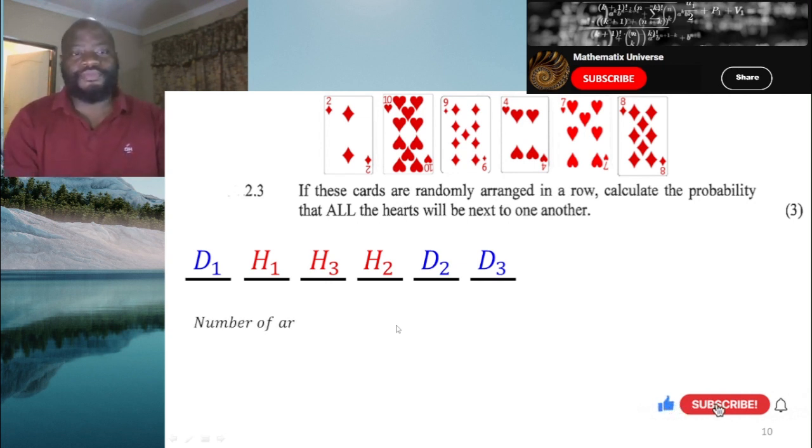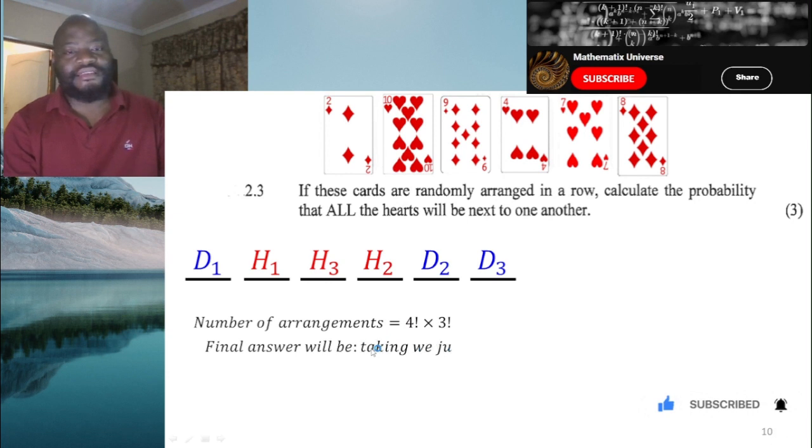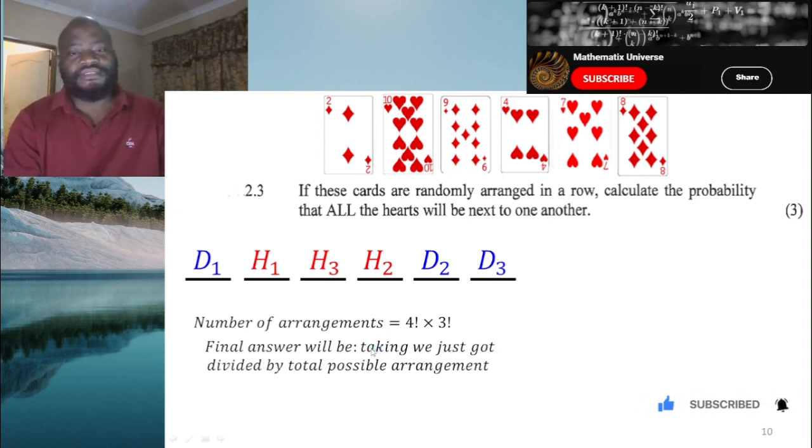So the number of arrangements in total becomes 4 factorial multiplied by 3 factorial. Then the probability will be just taking what we got and divide by the total number of arrangements that we got in the first question, 2.1, that's 6 factorial.